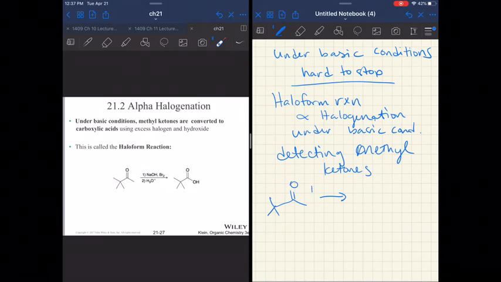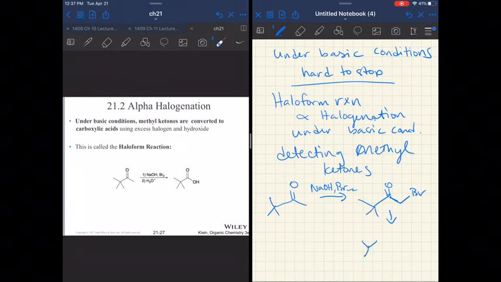What will happen is if you use base and bromine, yes, it will add once. It will add to the alpha position, but it will keep adding. It will keep adding until you have 3.